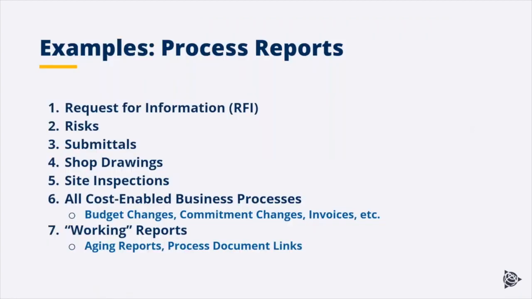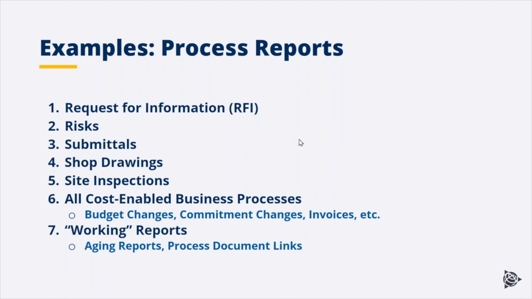Our next group of reports are process reports. So we need to define what a process is. Typically in a construction project management system, a process is just a defined series of steps between one or more users.